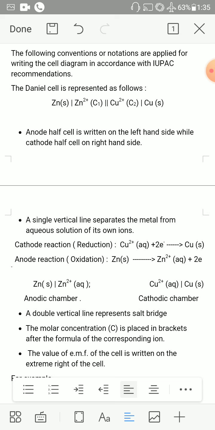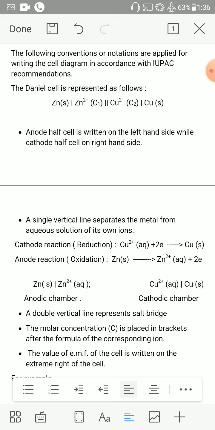Then a single vertical line separates the metal from the aqueous solution of its own ions. For example, if you dip a zinc metal rod into zinc sulfate solution, then this makes one electrode, and zinc is separated from zinc sulfate solution by a single vertical line.